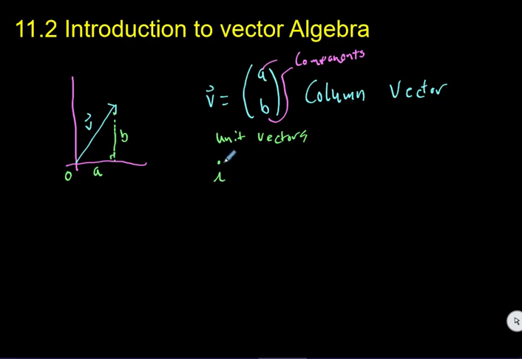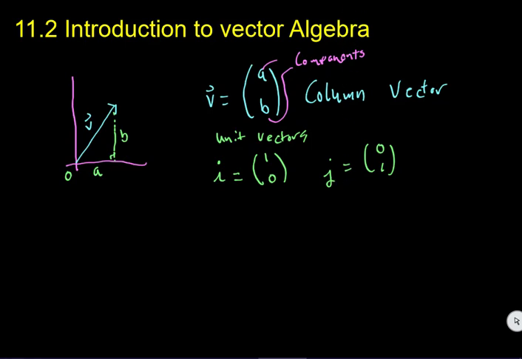I'll never write it that way, we'll just know that i is our unit vector going one unit in the horizontal direction, which is 1, 0. It's a unit vector because it's one unit. And then j is the unit vector 0, 1, so that's just going up one unit in the vertical direction, right?